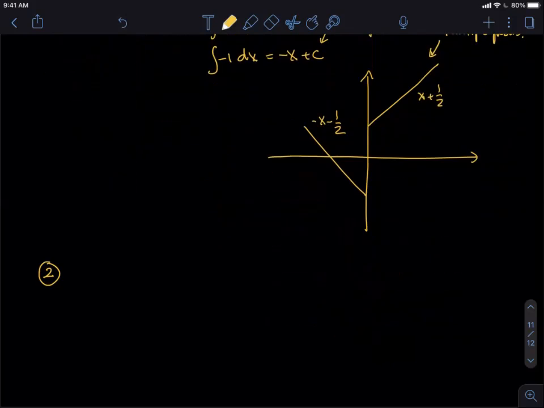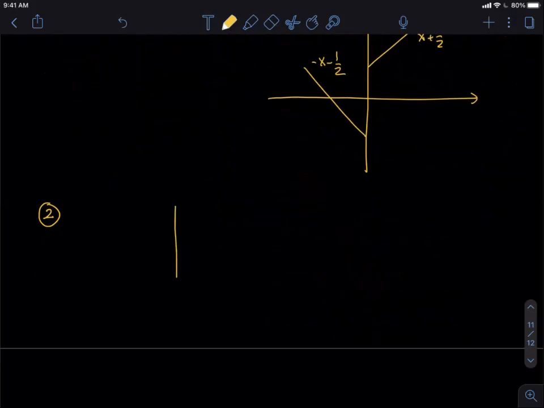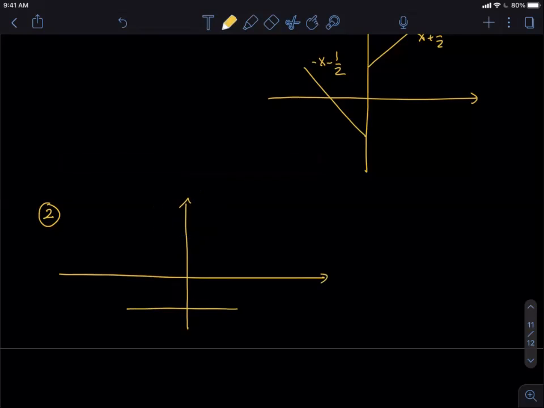Example 2, we could do something slightly more sophisticated. So we could take, let's say, -1/2 and positive 1/2.